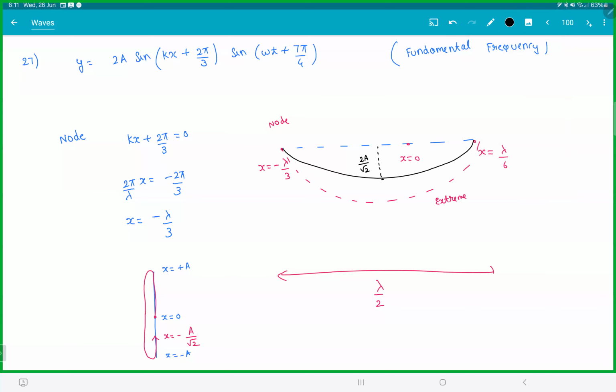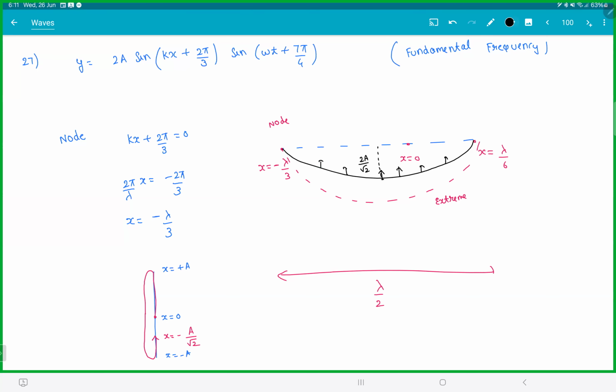You're getting every point divided by root 2. And all these points are traveling upward. Make sense? So the string is in the lower quadrant at A/√2, amplitude by root 2, and then it is going up towards the mean position.